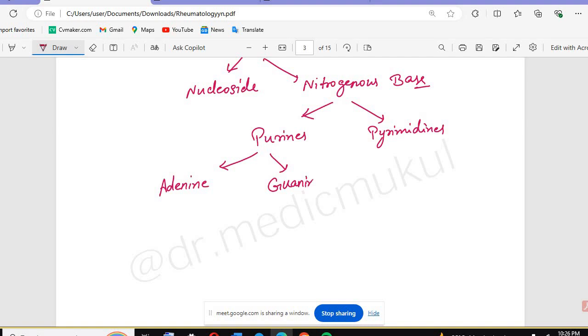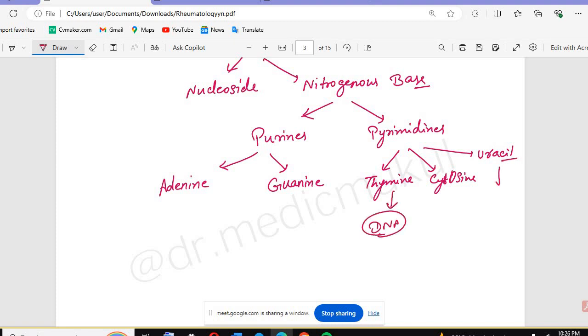And the pyrimidines are of three types: thymine, cytosine, and uracil. Thymine is present in the DNA, while uracil is present in the RNA.